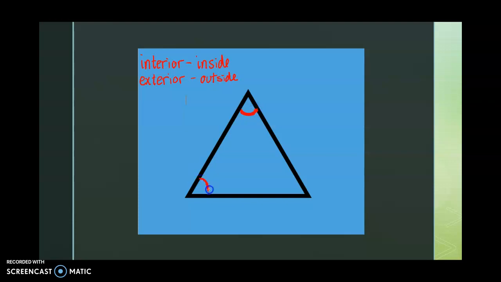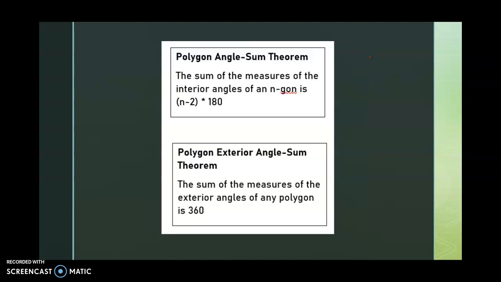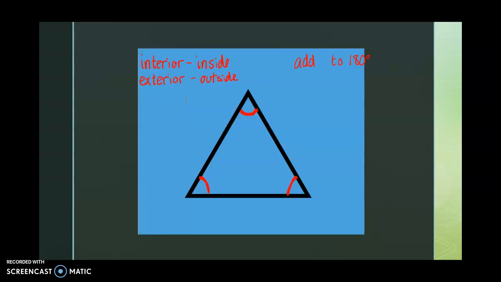If I mark all of my interior angles, we know what those add up to. We learned that last semester already. The interior angles of a triangle always add to 180. But if we use this angle sum theorem that we learned, it says that it's always equal to n minus 2 times 180.